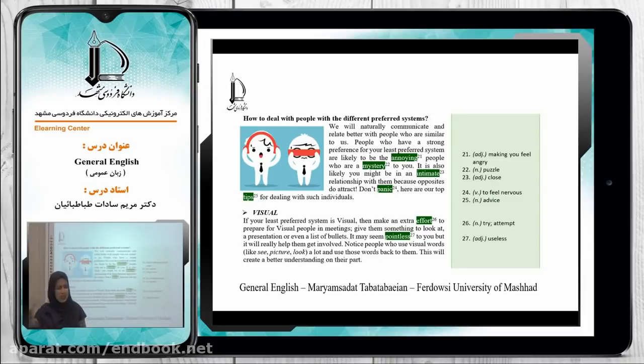You might think that it is useless, but they like it because their style is visual. And it says use words like see, picture, look. These words help visual people understand better. This will cause better communication and better understanding.